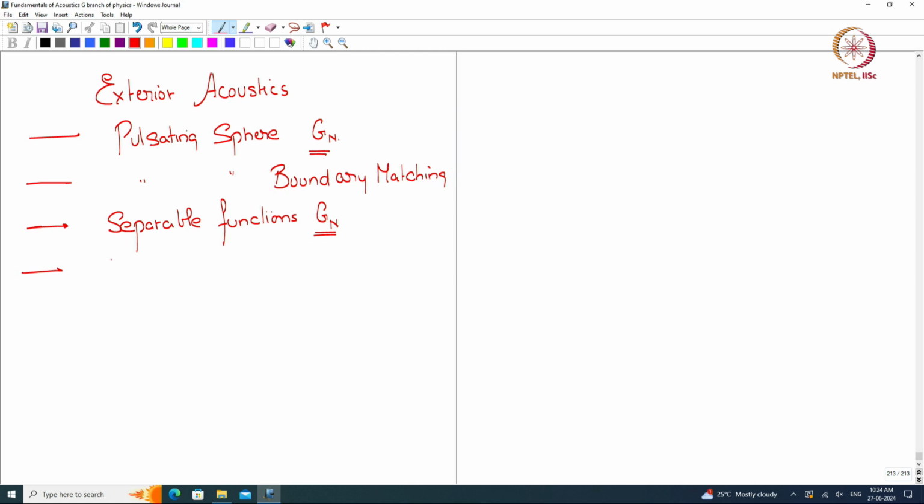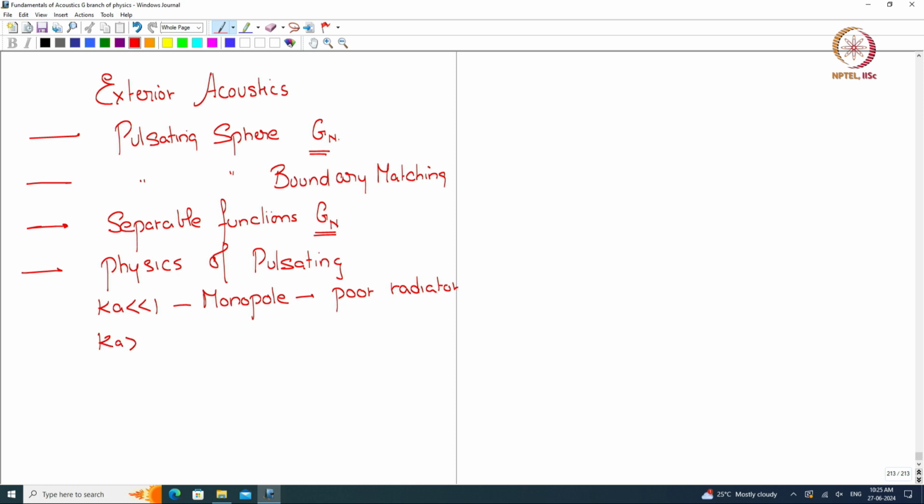Then we saw the physics of the pulsating sphere, for values of Ka much less than 1, in the monopole range, how it is a poor radiator, and when Ka goes much higher, it becomes an efficient radiator.